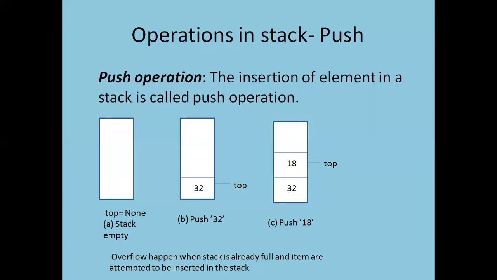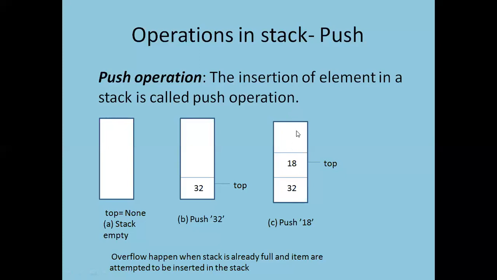Push operation means insertion of an element in a stack. Suppose initially the stack is empty, and we call the topmost element of our stack top. It is possible to insert only at the top. A particular condition may happen: suppose I have only four as the size of an array. Suppose here I've inserted 32, 18, and another two elements, 2 and 5, let's say.